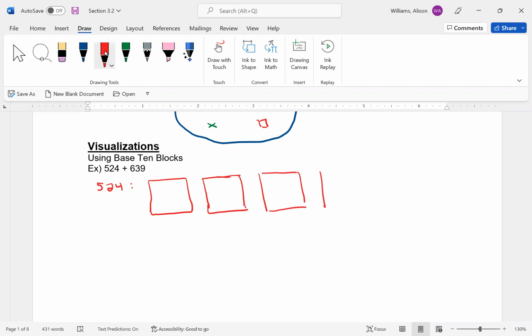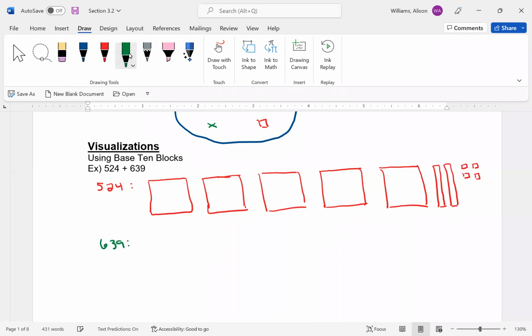And then we would need 2 tens, which are the skinny little rectangle blocks that represent 10 little squares. So we need 2 of those. And then 4 ones would be 4 little squares. Okay, so that's how we could represent 524.